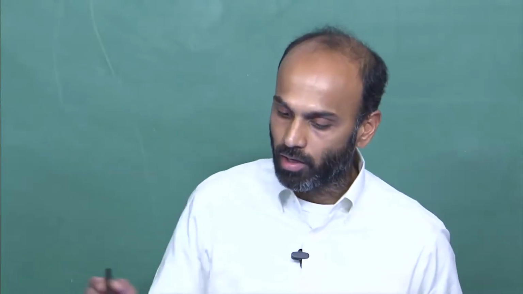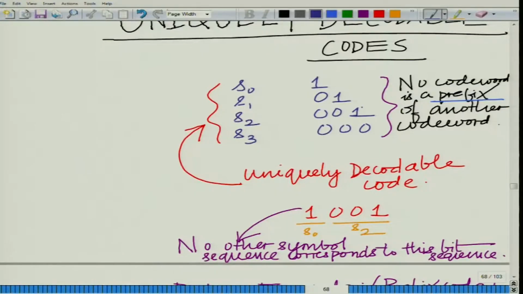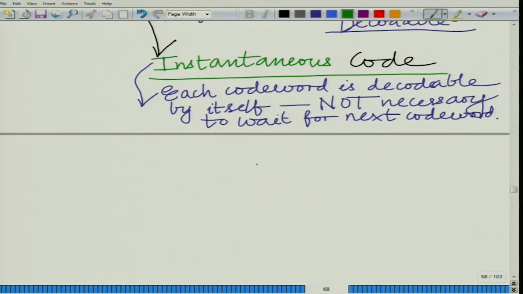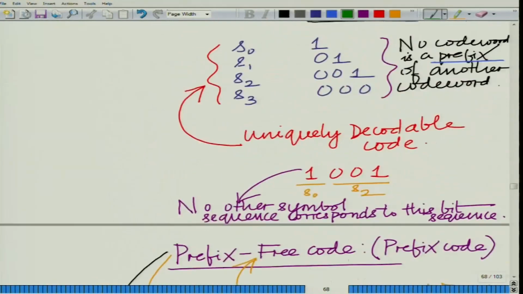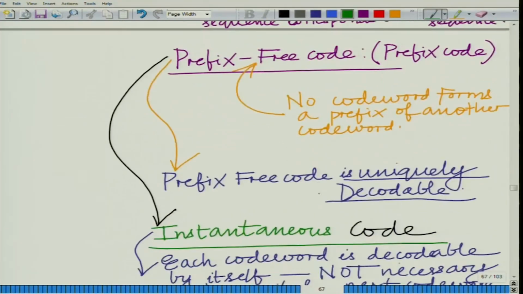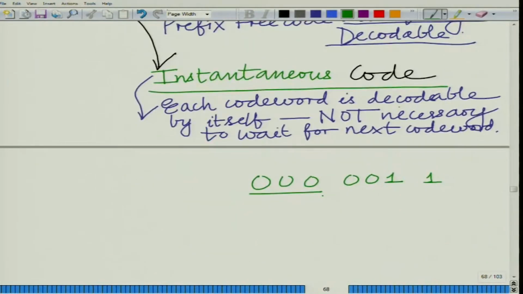For instance, let's again take a look at this. Let's say I have 000 followed by 001, followed by, let's say, 1. Now, the moment you look at 000, I can map it back to S3, correct. The moment you see 001, I can map it to S2.